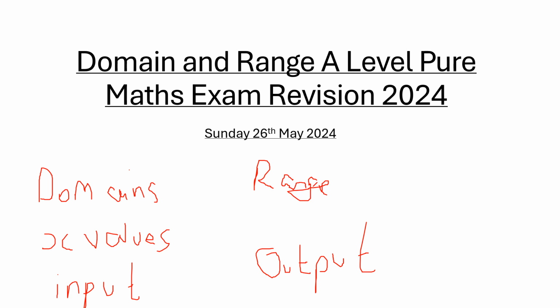So x and y are both asymptotes to those reciprocal graphs. Obviously revise your types of graphs, exponentials, y equals a to the power of x, and so on and so forth. So that is my hack.